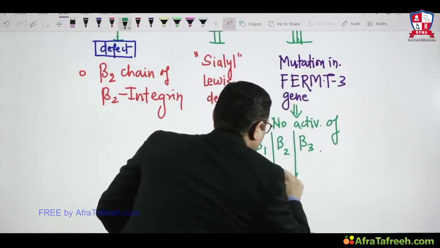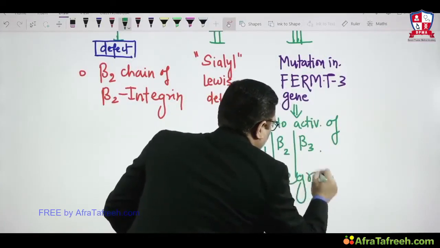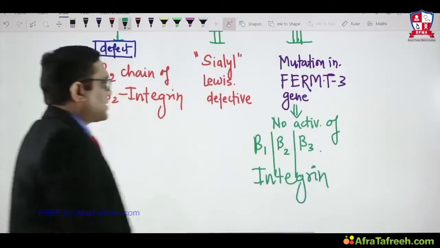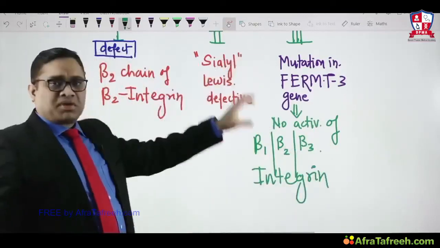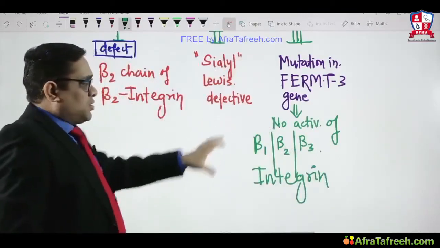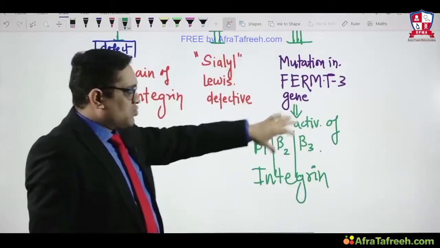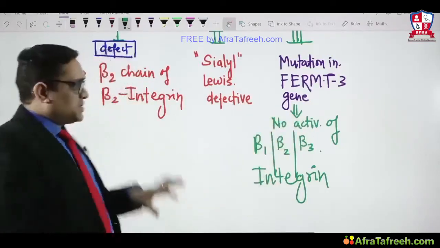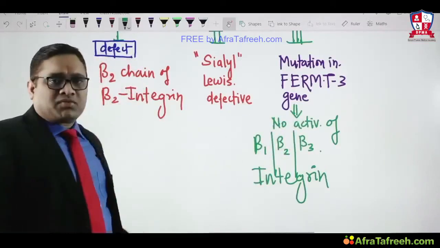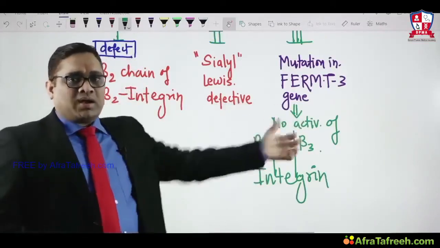These are three types of integrin. So none of them will be activated. So mutation in the FERMT3 gene will be responsible for no activation of beta 1, beta 2 or beta 3 integrin. So these are the defects. Comparison of the defects between LAD1, 2 and LAD3.